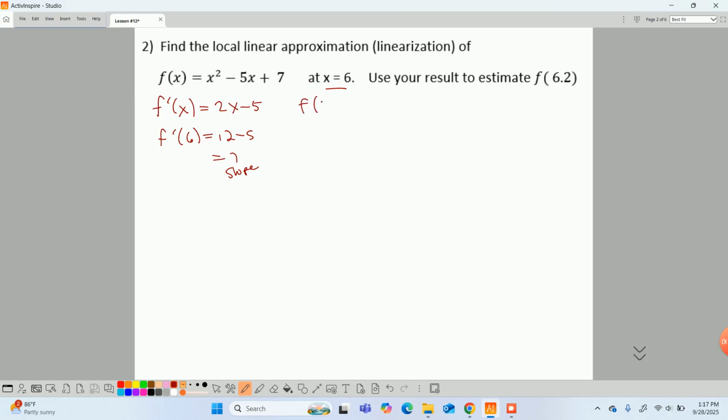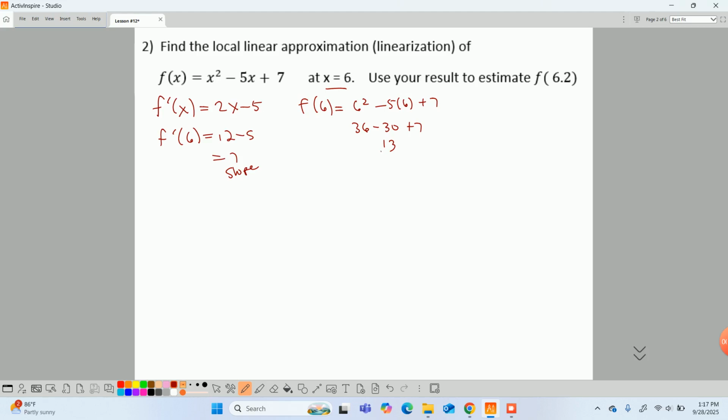Now, when x is 6, we plug that into the function, and that'll give us the y value. So this will become 6 squared minus 5 times 6 plus 7. From there, we're just going to simplify this. That's 36 minus 30, and then plus 7. 36 minus 30 should be 6, and 6 plus 7 should give us 13.